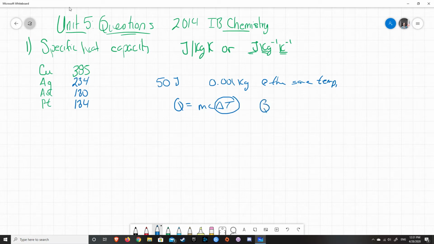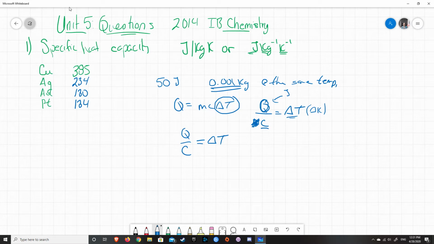So we need Q over mc equals delta T. That's mass, specific heat capacity, heat measured in joules, and change in temperature measured in kelvin. No matter what, you have the same mass, so we don't need to compare the masses. So we've got Q over C equals delta T.